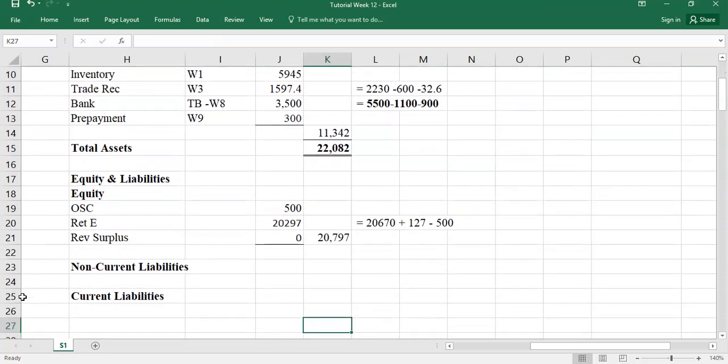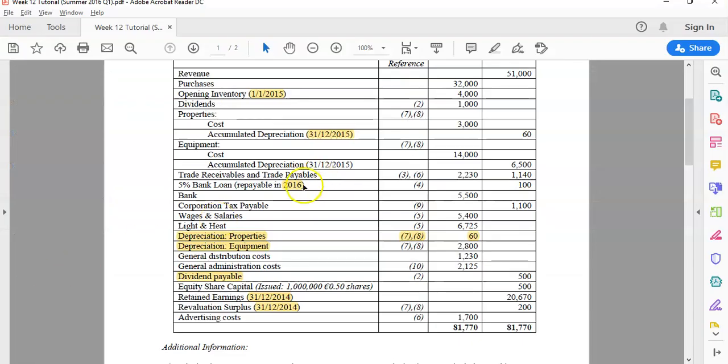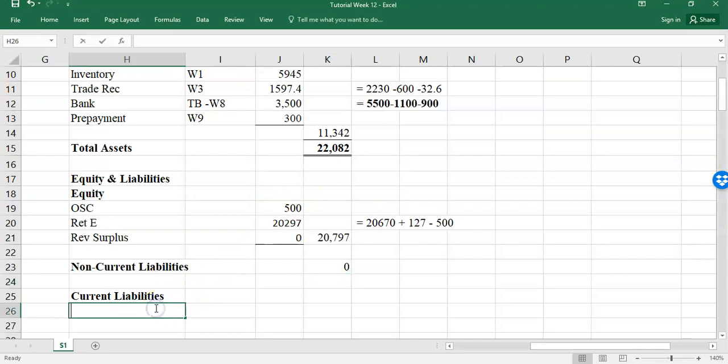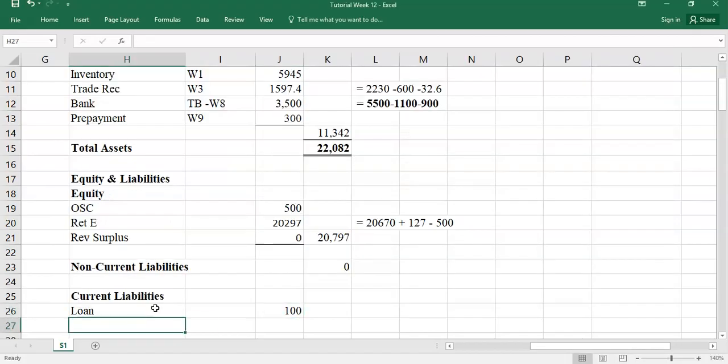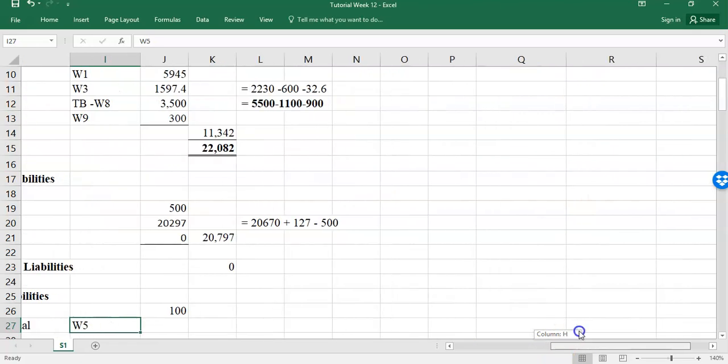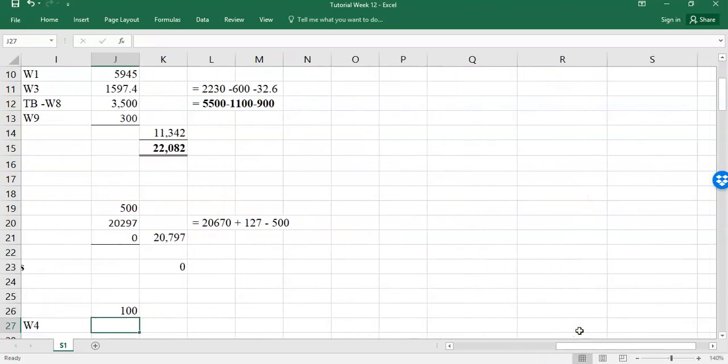In the question here, you would have been incorrect to put the loan in as non-current liabilities because it's repayable in 2016. That means it's a current liability. So you're going to have your loan, which is 100,000. You're going to have your interest accrual, which we said is working 5 or working 4, is it? Go by the P&L, working 4. And that is 5.